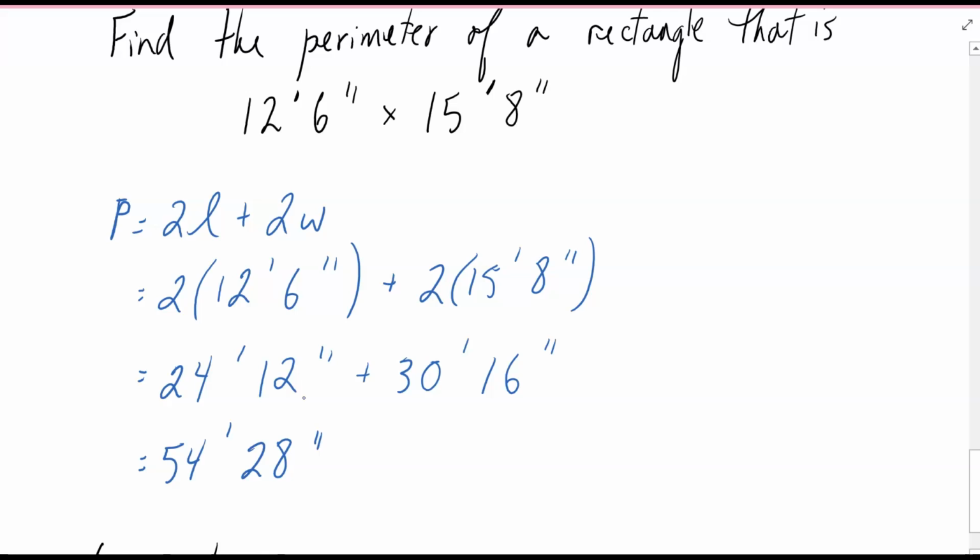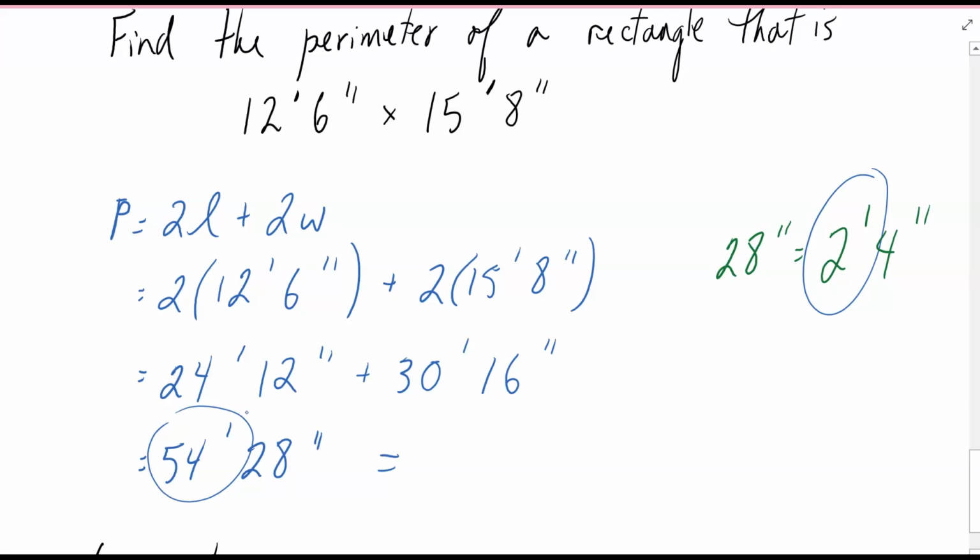The 28 inches, we won't leave that way because we only leave them up to 11 inches, right? How many times does 12 go into 28? It goes in 2 times to make 24, and 4 inches left over. So we will increase the feet by 2. This 2 will be added to 54 to become 56 feet, and we have 4 inches left over.